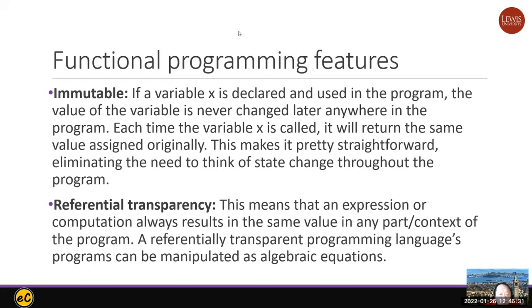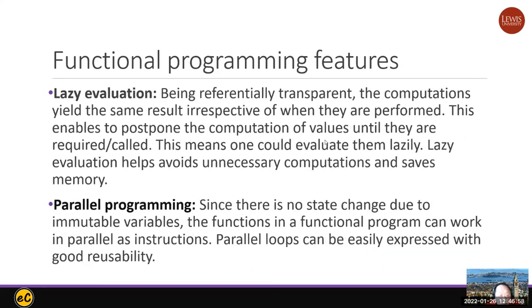This only is when you reference a certain part of the expression or computation, the result should be the same. If you have such a feature, then we can manipulate the language as algebraic equations. So you can actually combine different expressions and computations, and anywhere it will deliver the same result. We call it referential transparency.